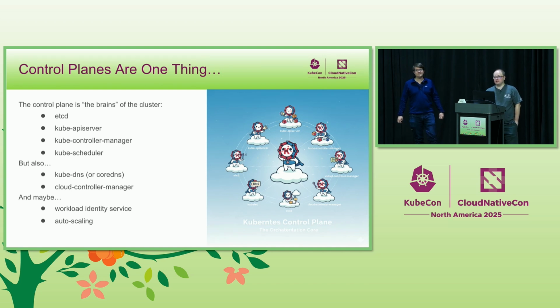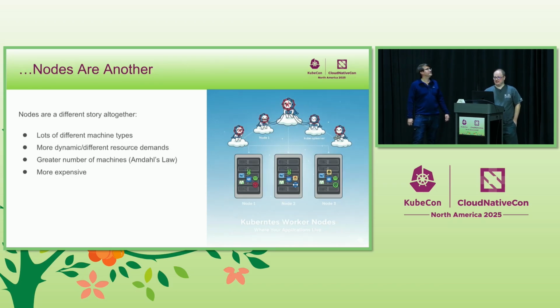Cloud controller manager, which is needed pretty much for any cloud. And maybe some cloud-specific workload identity service, optional but highly recommended. And obviously, autoscaling. There's literally no cluster without autoscaling.